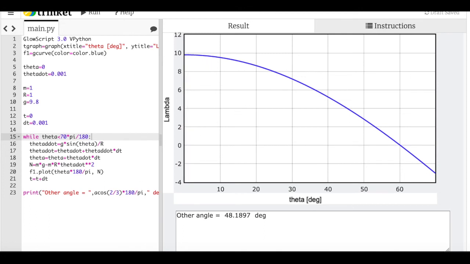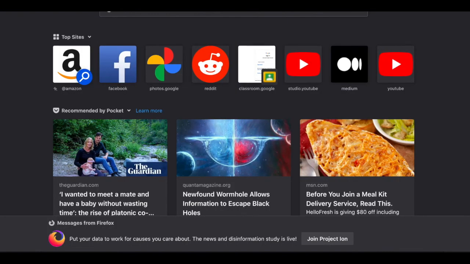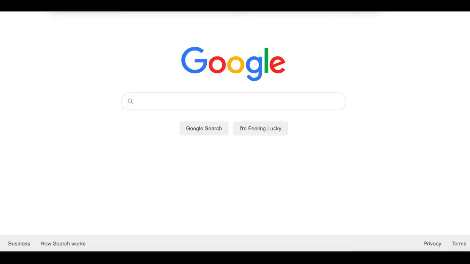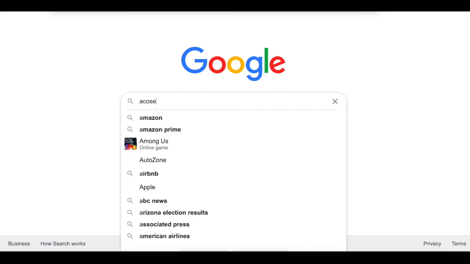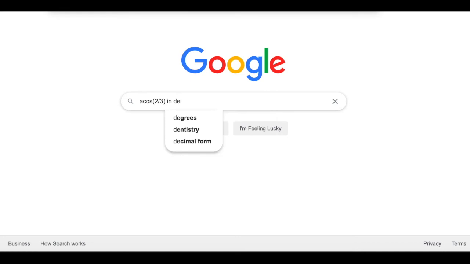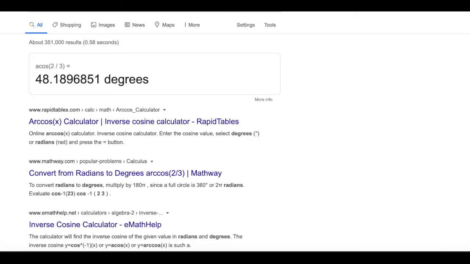That's really weird. Let's just open a new tab and double check. I feel like I'm going crazy. Arccosine of 2/3 in degrees is 48. You can't take the arccosine of 1. 2/3, 48. Why don't these two numbers agree?